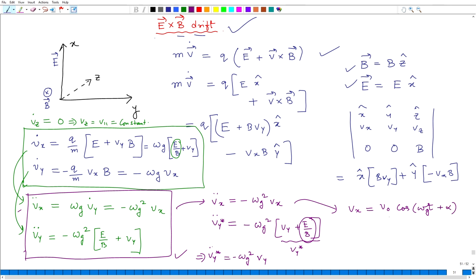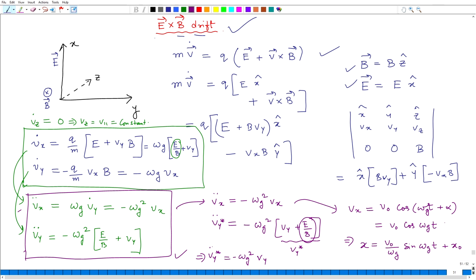That alpha I can forget for the time being, so I say this is v 0 cos omega g t. If you have this, then I have x equal to v 0 by omega g sin omega g t plus x 0.